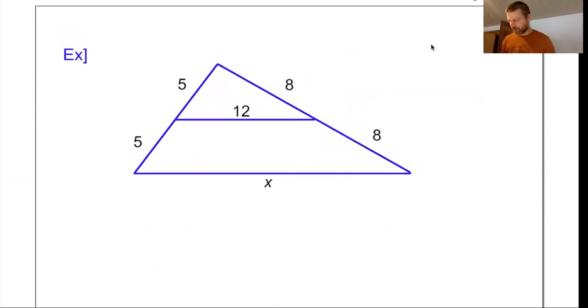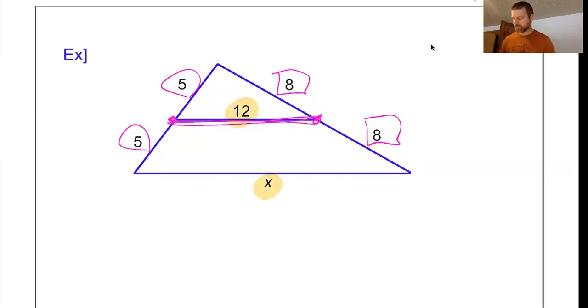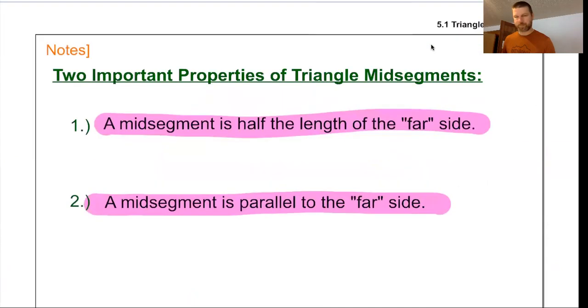Here's an example. This is clearly a midsegment. I can tell it's a midsegment because those are the same, so that's cut exactly in half, and those are the same, so that's cut exactly in half. So this line connects 2 midpoints. When that happens, there is a special relationship between that length and that length. It's one of these 2 things up here.